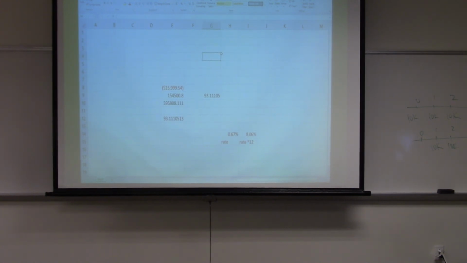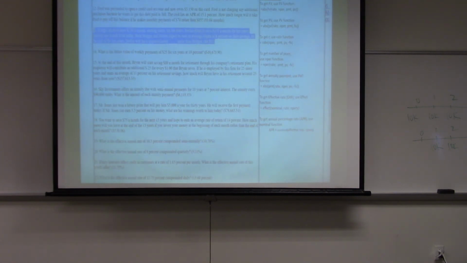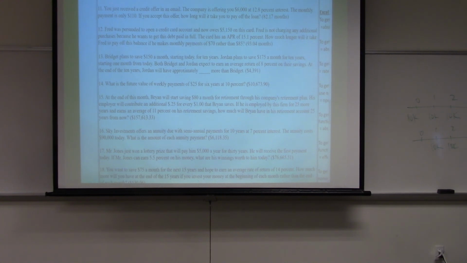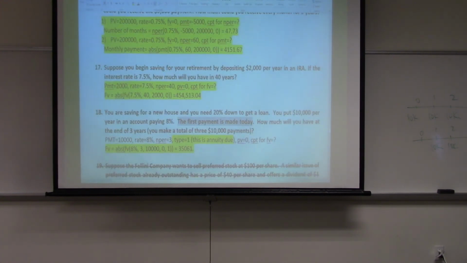So this is a type 1 problem. How can we tell in the verbiage? Is it because you made the payment today? Yeah, you make the payment today. But if it said she was making a payment at the end of the year for 3 years, or if there doesn't mention anything, then you just assume it happens by the end of the period, because this is normal.